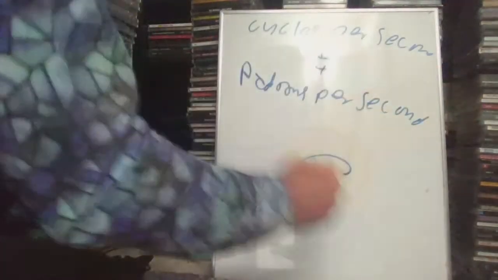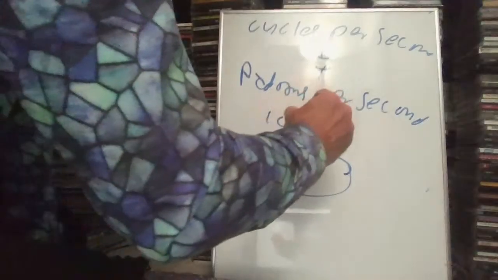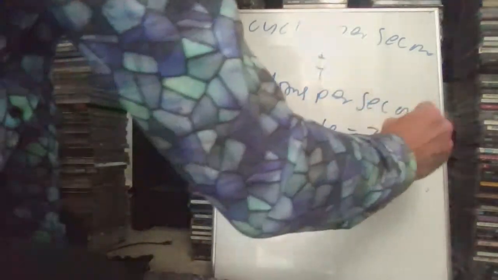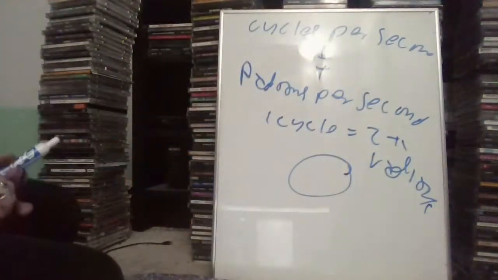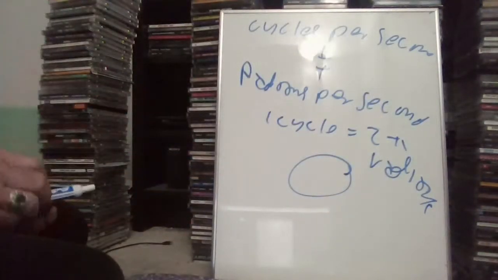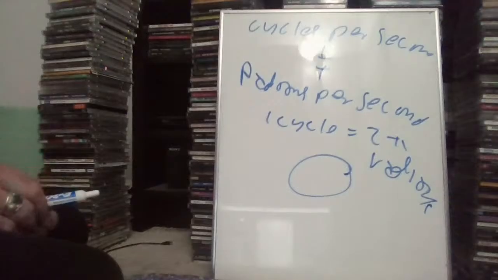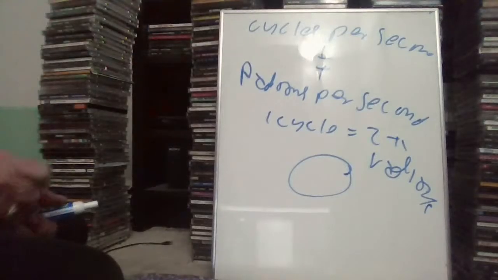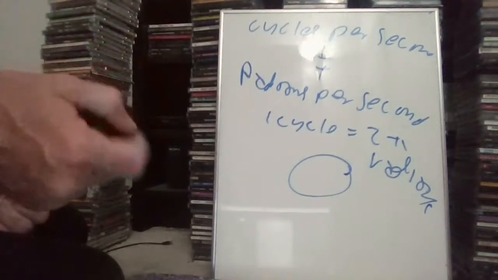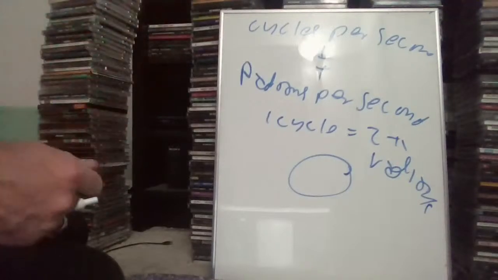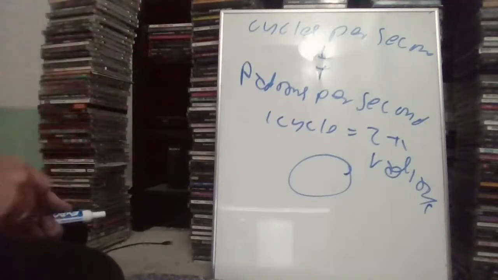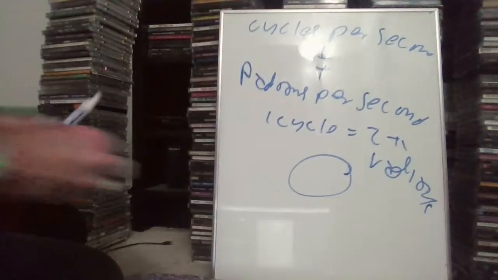And since one cycle equals 2 pi radians, because one circumference around the circle is 2 pi, because the circumference of a circle is 2 pi times the radius, and a radian is how many radians the arc of a unit circle transcribes around the circle as you go around the circle with the angle.